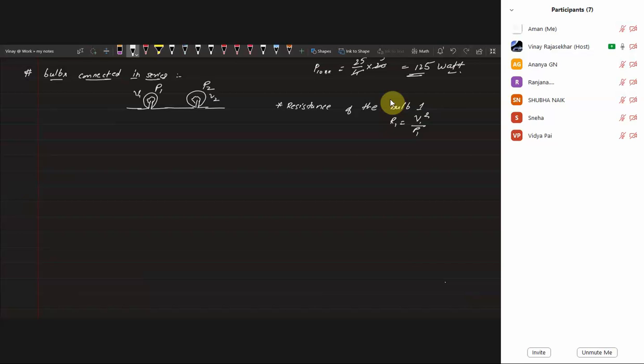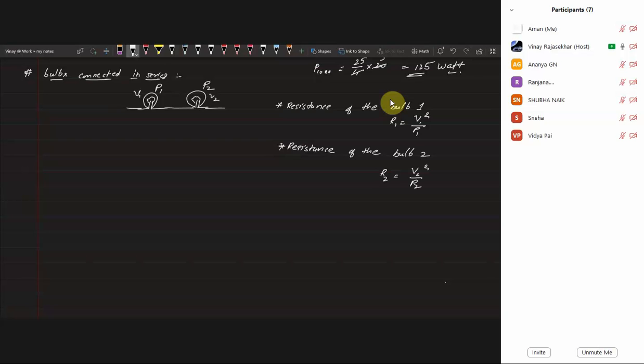Now similarly, the resistance of bulb 2, that is R2, is equal to V2 square by P2.